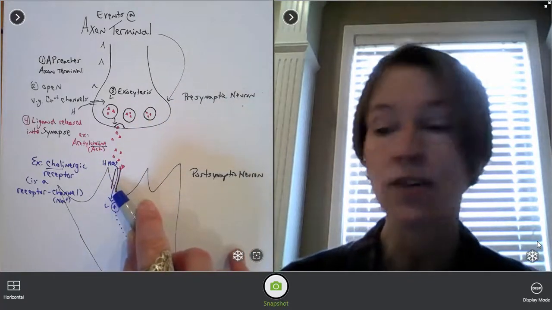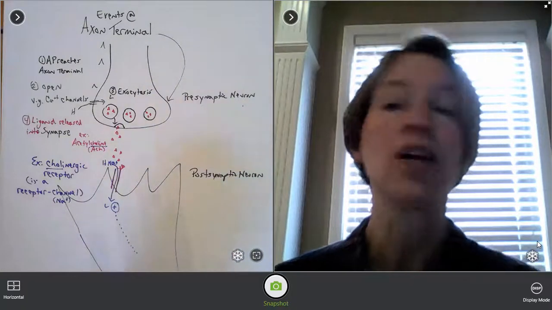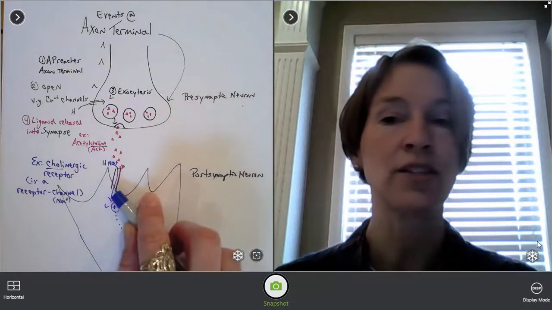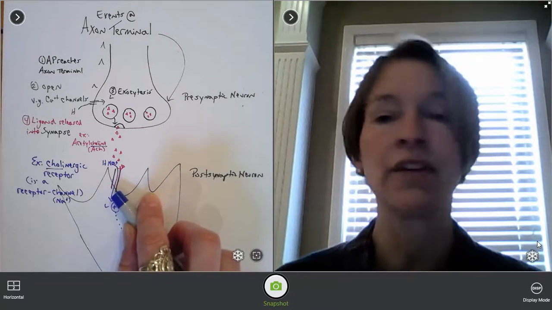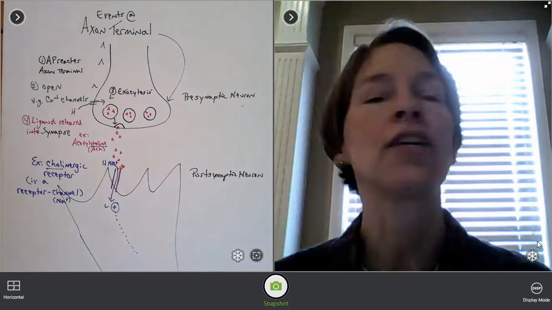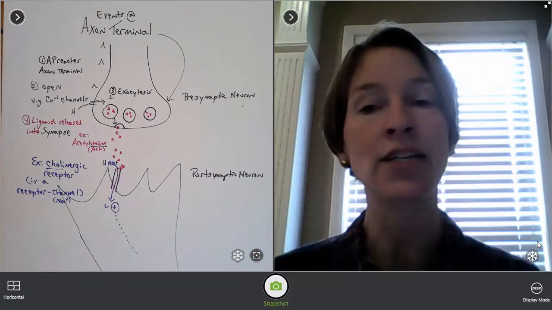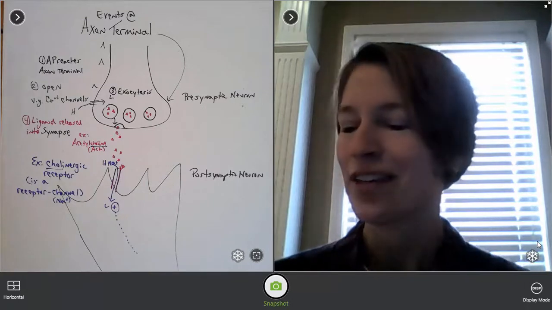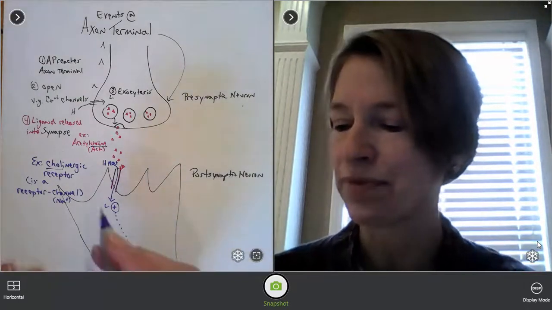A lot of acetylcholine will open the gates for longer, cause a lot of sodium to flow. So you get a little bit or a lot of positive influence entering the postsynaptic neuron. It can also be called an excitatory postsynaptic potential. So I'll write that down for you.